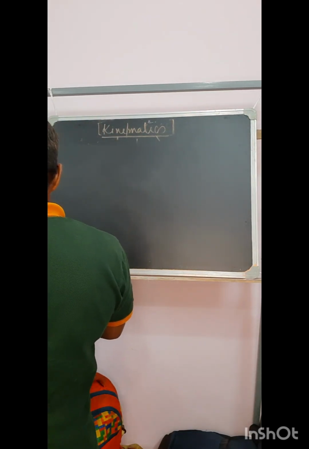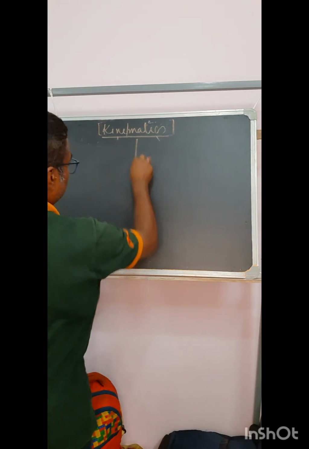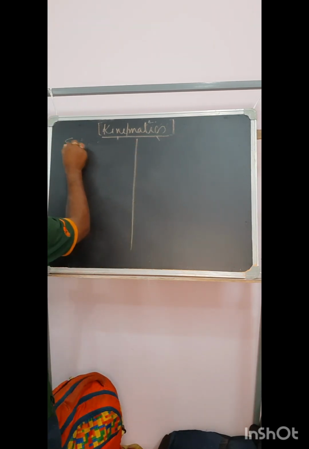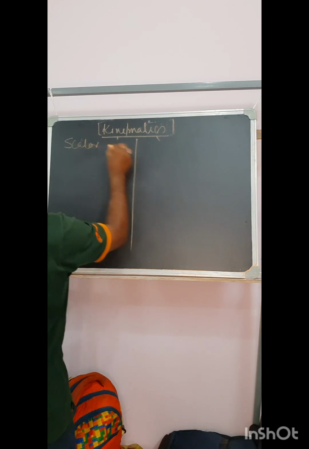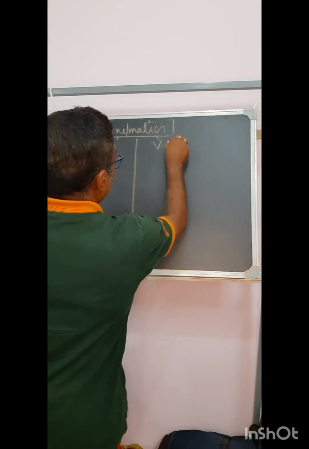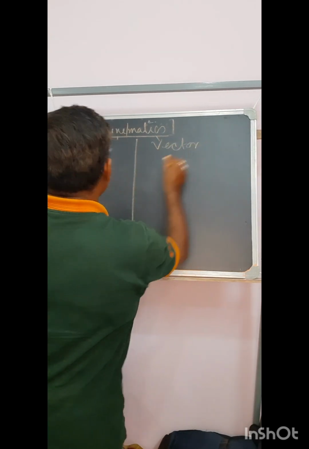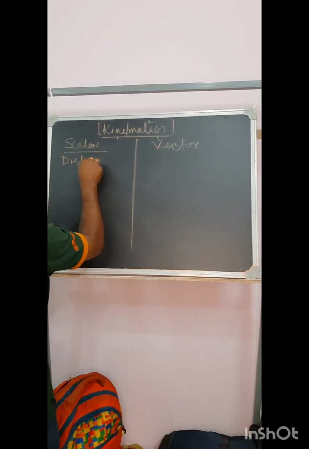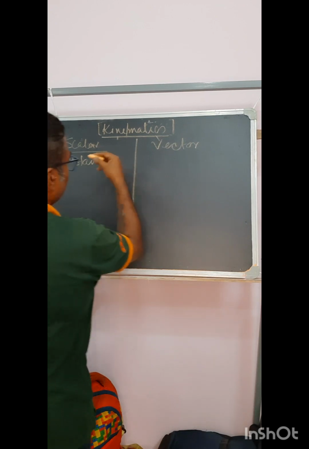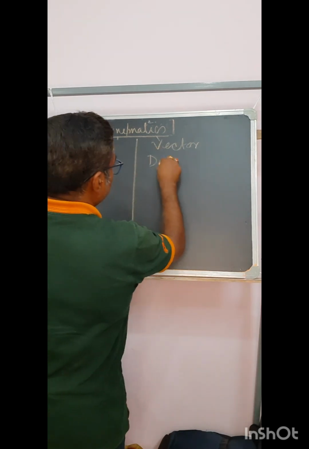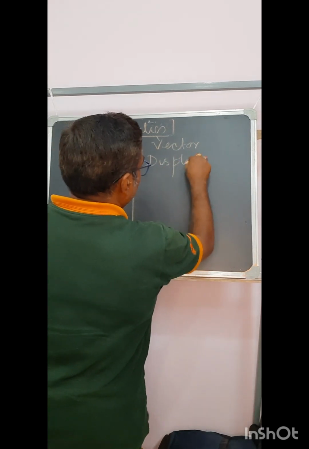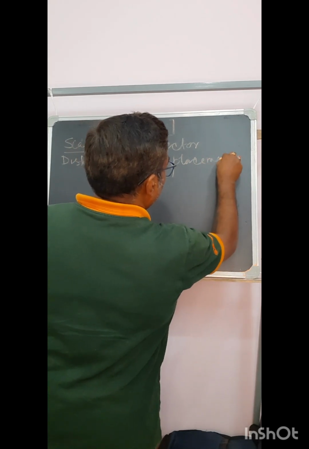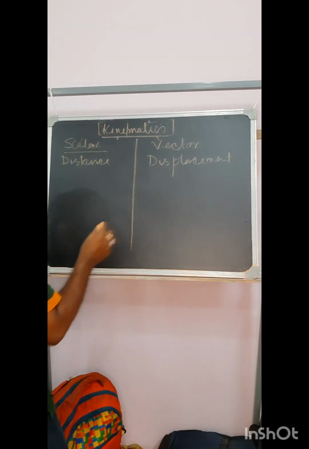So the next subject, there are some examples of scalar and vector. A few I have already discussed. In scalar the term that will come is distance. Distance will not depend on direction, but displacement will depend on direction.